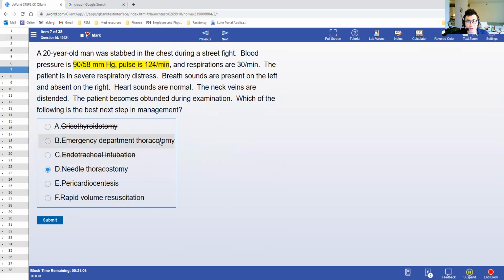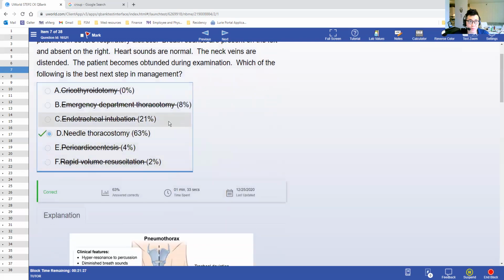Thoracotomy, you wouldn't go that far unless maybe if needle doesn't work, you go into the full thoracotomy. Otherwise, there's no point. Pericardiocentesis. I guess if you got stabbed in the heart and had some kind of pleural effusion too, some kind of tamponade, maybe, but this picture doesn't sound like it. Rapid fluid resuscitation, no. I think I got this. I got this question wrong because I actually chose intubation the first time.